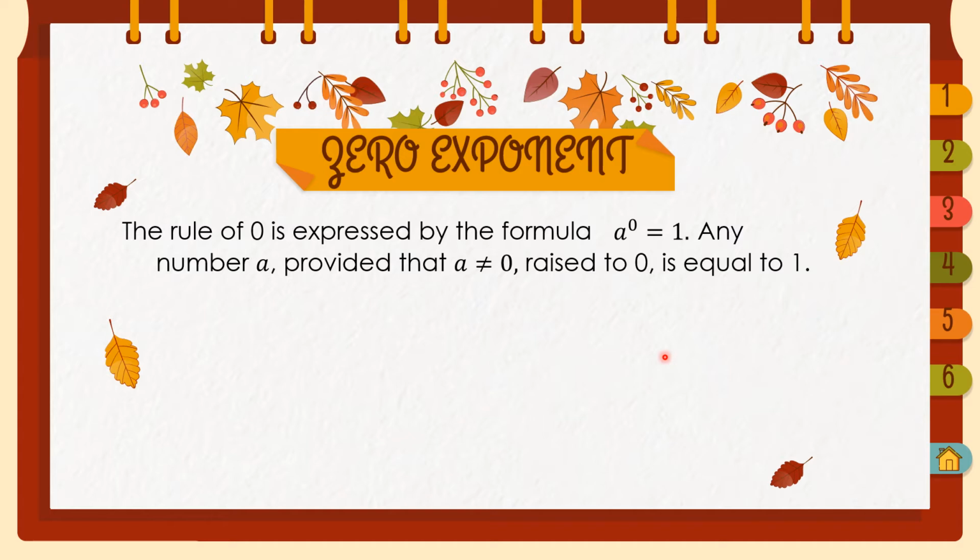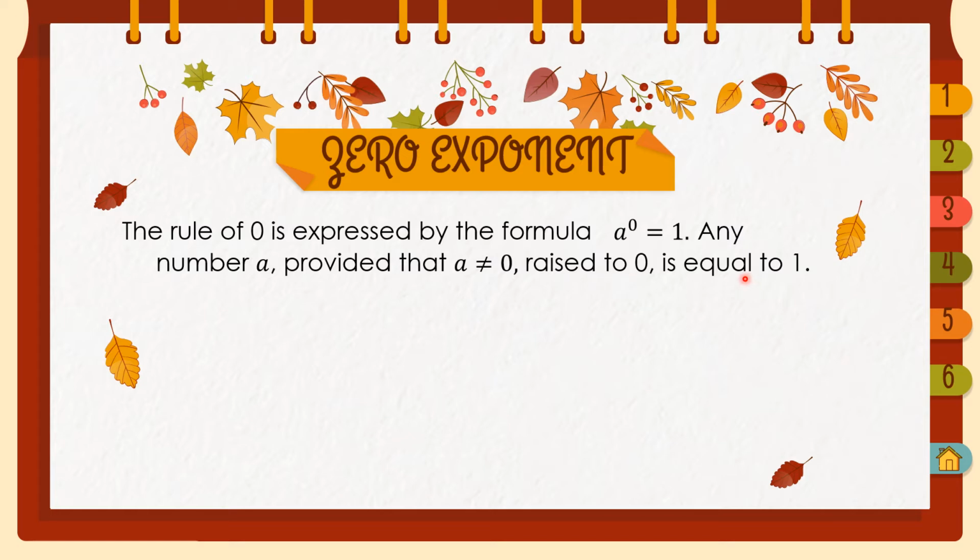Always remember, the rule of zero is expressed by the formula A raised to 0 is equal to 1, or any number A, provided that A is not equal to 0, raised to 0 is equal to 1.